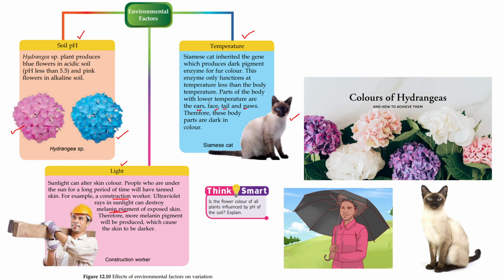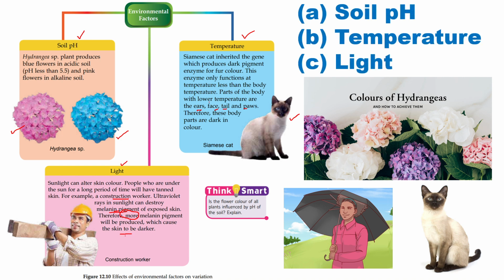Remember melanin pigment, the dark pigment just now? Melanin pigment of the exposed skin is destroyed. Therefore, more melanin pigment will be produced. When it is more, this means the skin will be darker. So again, these three are under environmental factors.